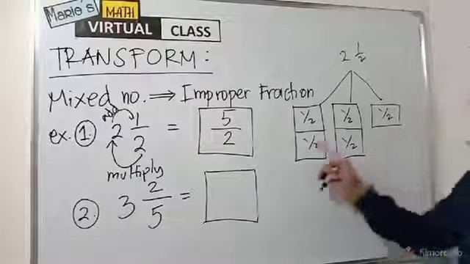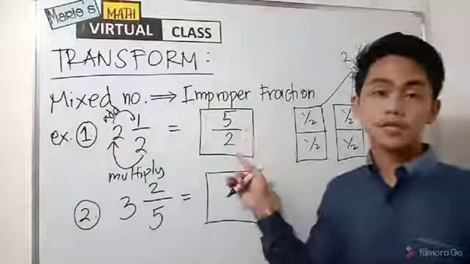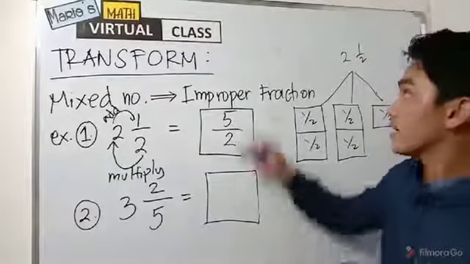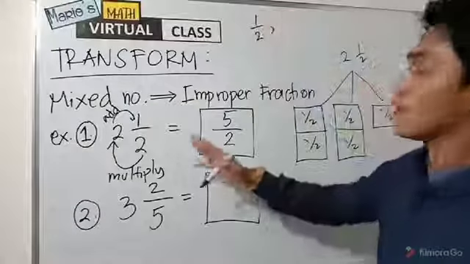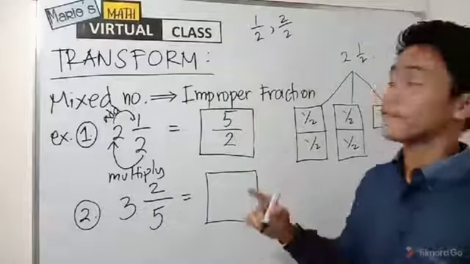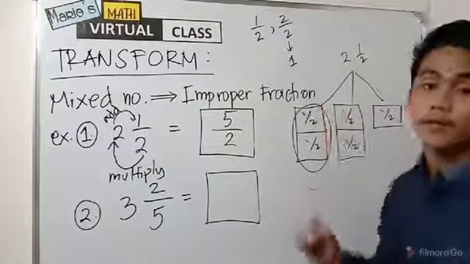You have 5 pieces of 1 half. If you are going to interpret 5 halves, it will be 5 pieces of 1 half. Just like 1 half, 1 piece of 1 half, 2 halves, 2 pieces of 1 half, and 2 divided by 2 will be 1 because that is 1 whole.